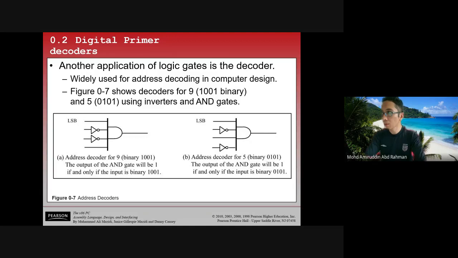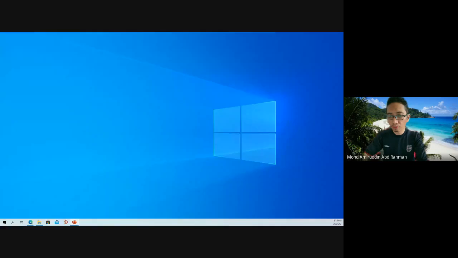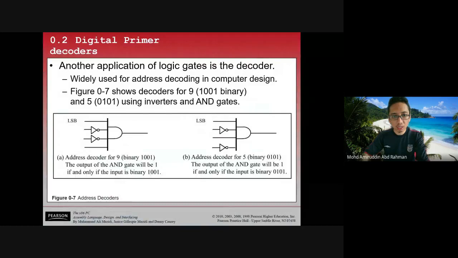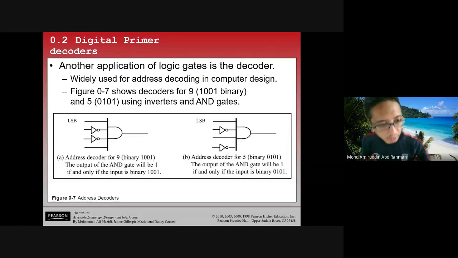So why is that important? Because it is used mostly in computer design. So let's look at the figure. Figure 07 shows the decoders for 9, which is 1001 in binary, and 5, using inverters and gates.